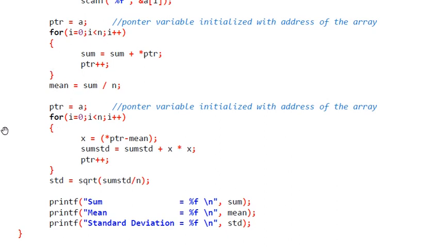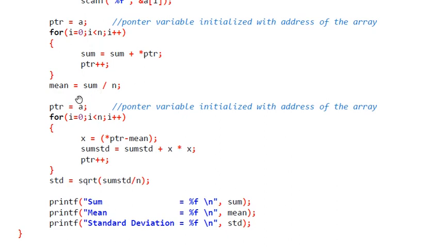Now we have to find the standard deviation. If you see here, at the end of this loop the pointer is pointing to the last location. It has passed through the last location.